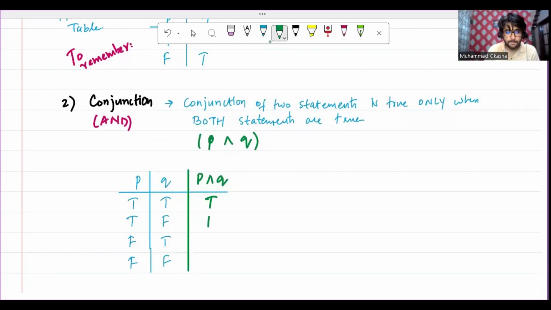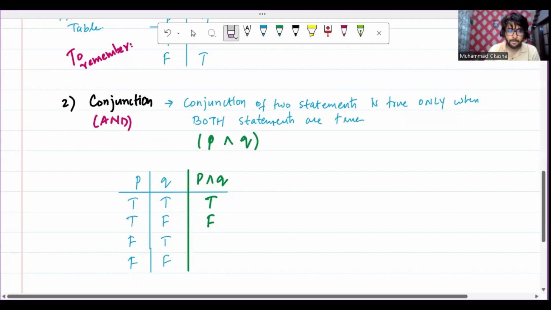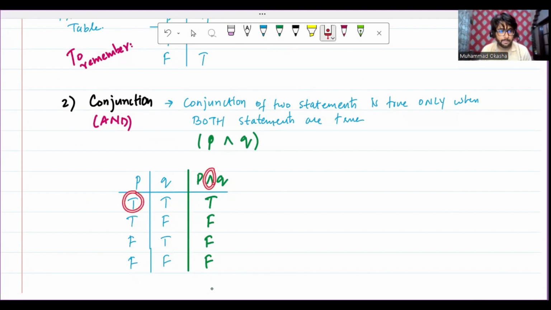So there's a false, which means conjunction will be false. There's a false, so their conjunction will also be false. And because they're both false, their conjunction will definitely be false, right? The conjunction is true only when both statements are true.